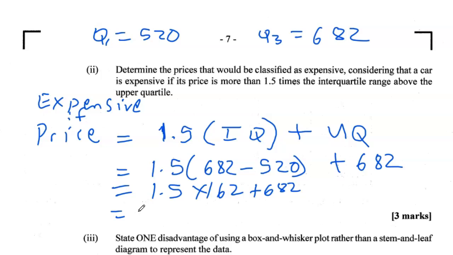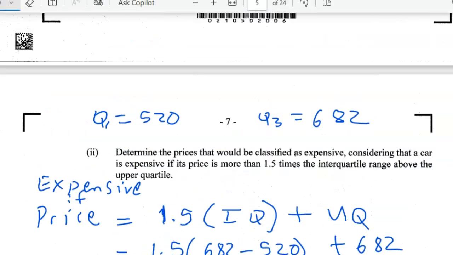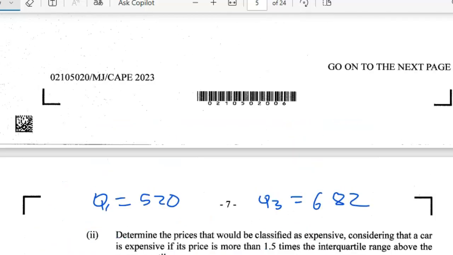So 1.5 times 162 plus 682. I'm getting 925. So any car above 925, we will consider to be an expensive car. Let's see the prices that were above that value.